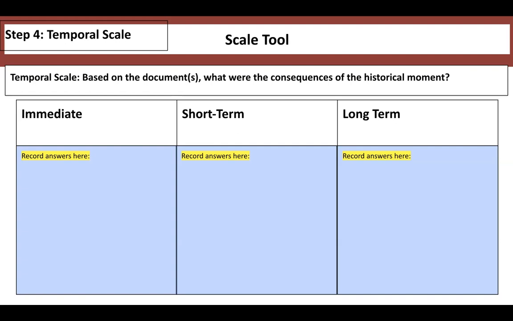We're not only asking them to look at just when the event happened, but once again, to think very intimately and small, and then expand their thinking and analysis. So we want them to look immediately, what happened as soon as this event happened? And then short term, soon after, maybe a couple of months or even a short span of years. What happened because of this moment?